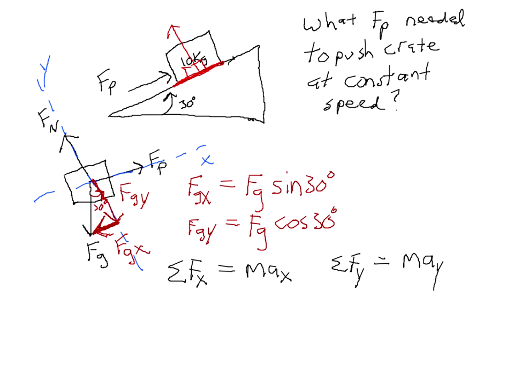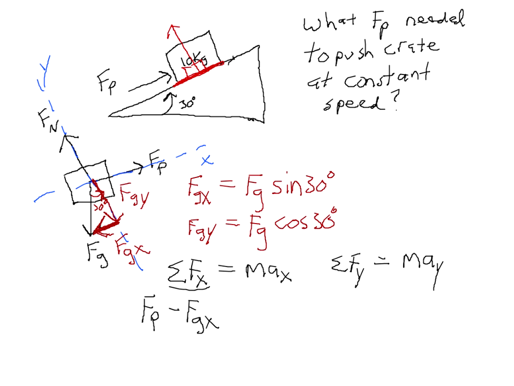And so now let's take all the forces in our free body diagram that have an x component and put those x components on the left side of this equation. We have the force of the push in the positive x direction, and we have the x component of gravity, FGX, in the negative x direction.